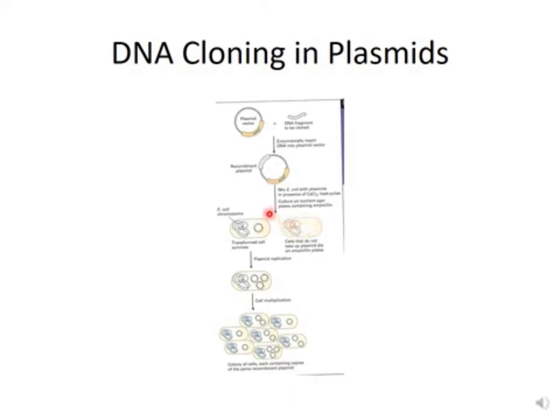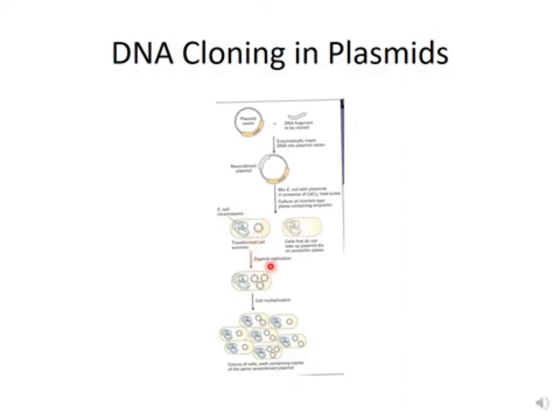However, cells that are transformed, meaning a transformed cell is one that has taken up foreign DNA, are going to survive the ampicillin plated dish, because the plasmid in it is going to provide the cell with resistance to ampicillin.